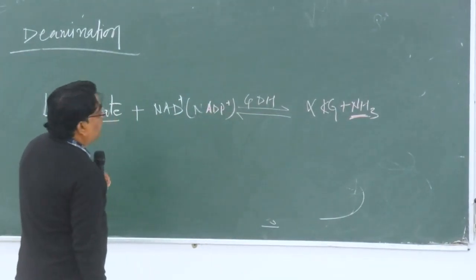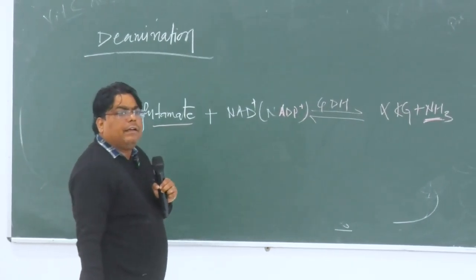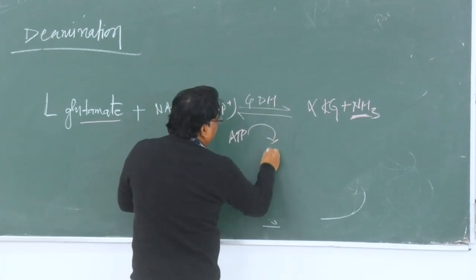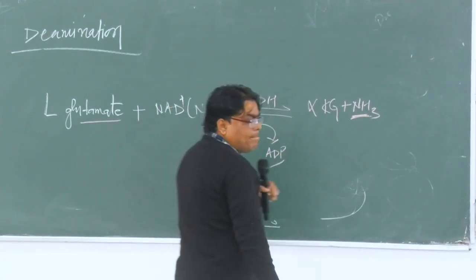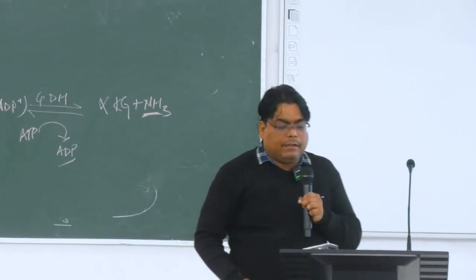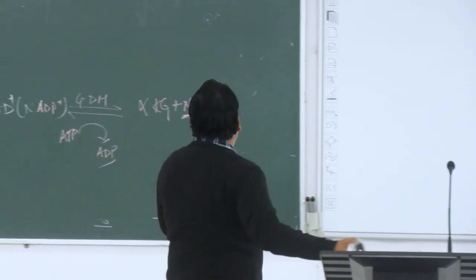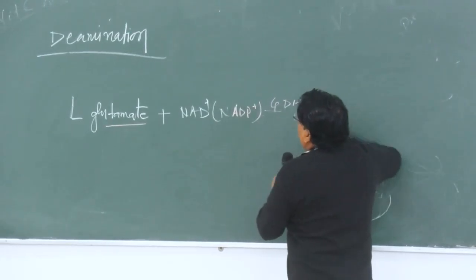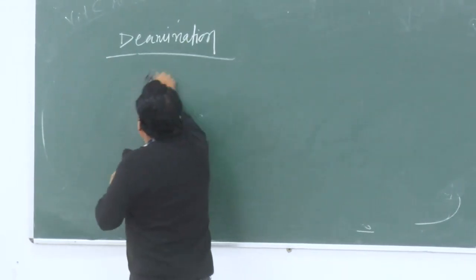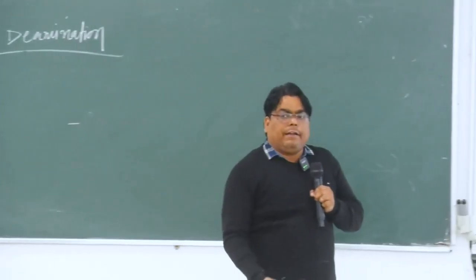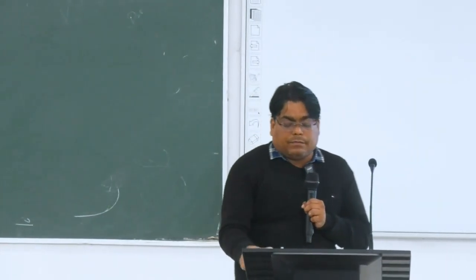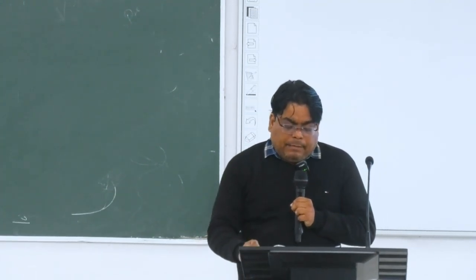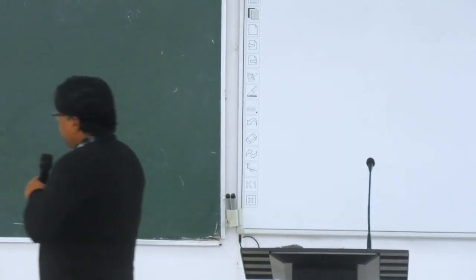So this is the first removal of ammonia, by oxidative deamination. Now in non-oxidative deamination, there is no requirement of particular enzymes. It is serine, histidine.